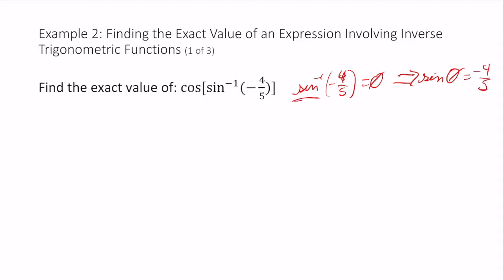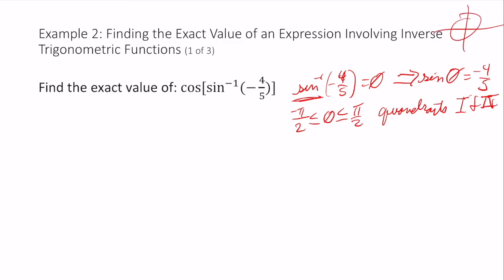So remember that arcsine is only in quadrants 1 and 4, right? Sine can only be between negative pi over 2 and pi over 2. So we're in quadrants 1 and 4. We're on the right-hand side of our unit circle. Well, because sine of theta is negative, we're going to be in quadrant 4.